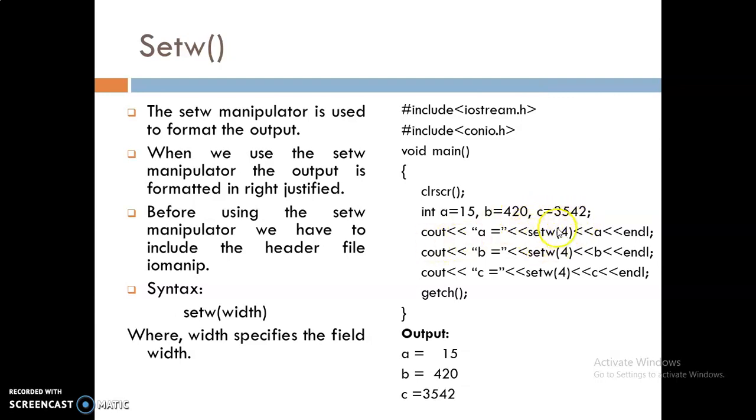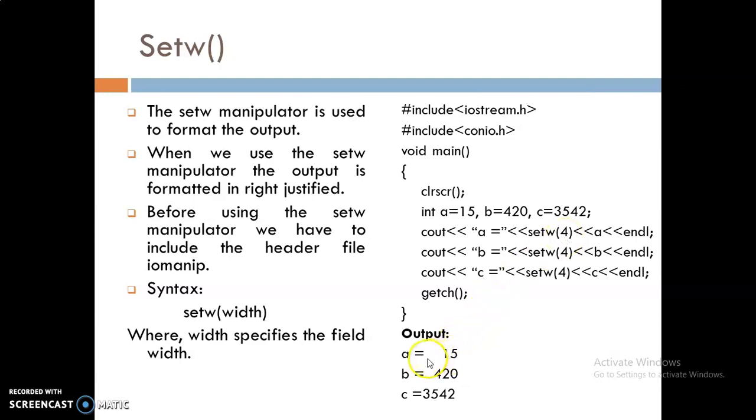By setting the width, as I said, these are manipulators, yet it is not compulsory to use them in a program, but it is up to the user. If he is interested to make the output fascinating, then he or she can use this. So you can set the width to display the output. You can see here the value of A is 15, but as I said, setw 4, it means the width is 4.